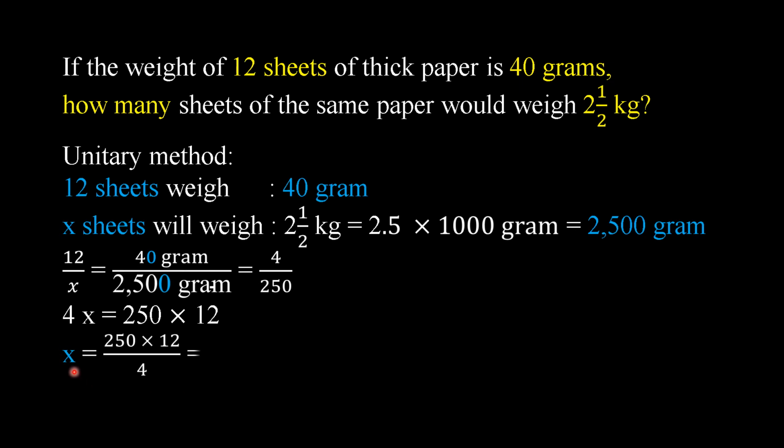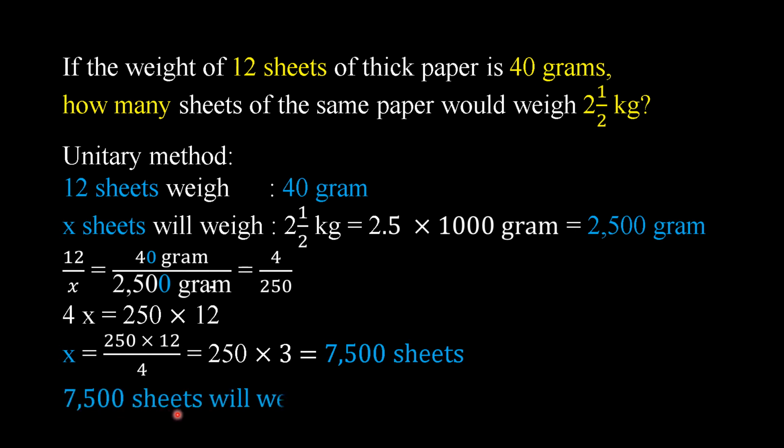So that gives us x equals 250 multiplied by 12 divided by 4. 4 3s are 12, so it will be 250 multiplied by 3. That will be 7500 sheets. So 7500 sheets will weigh 2.5 kg.